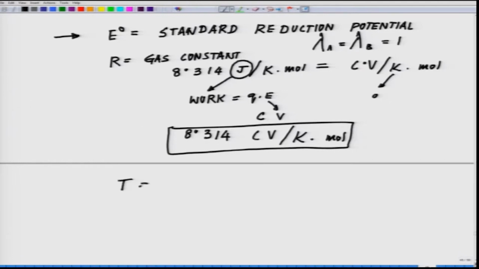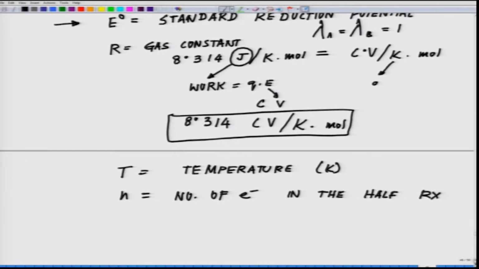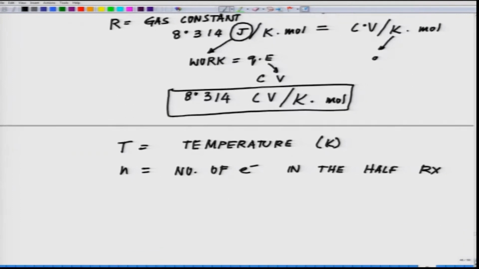Then T is temperature in Kelvin, and then we have N, which is equal to number of electrons in the half reaction. So, remember, whenever we are doing the Nernst equation, we have to ensure that we do the comparison with the same number of electrons.